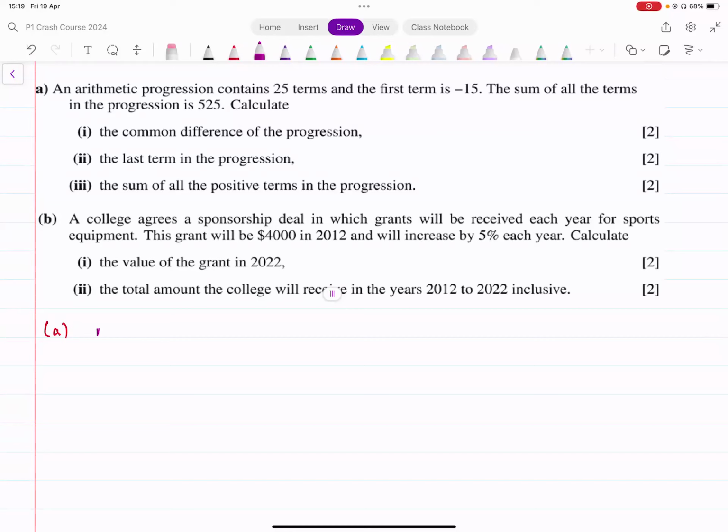So we're talking about an arithmetic progression, and the first term of this arithmetic progression is minus 15. It has 25 total terms. The sum of all the terms in the progression is 525. So that means S25 equals 525. That's what they've given. We need to find the common difference of this progression, so we need to find the value of D.